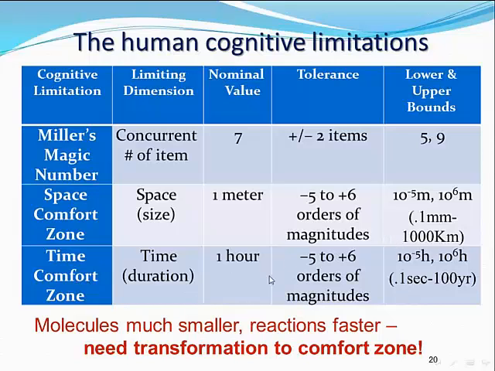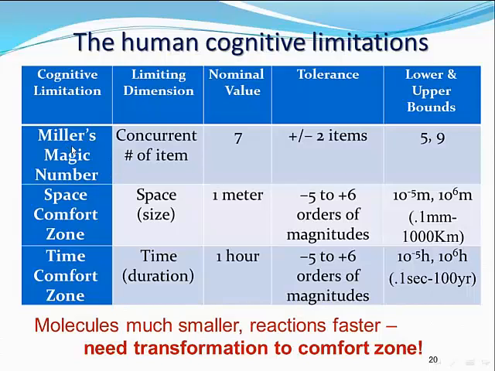With respect to time, if we take 1 hour as the middle, again, we can think relatively easily about -5 to +6 orders of magnitude. So again, 0.1 second to about 100 years, which is the order of magnitude of the age of human beings.